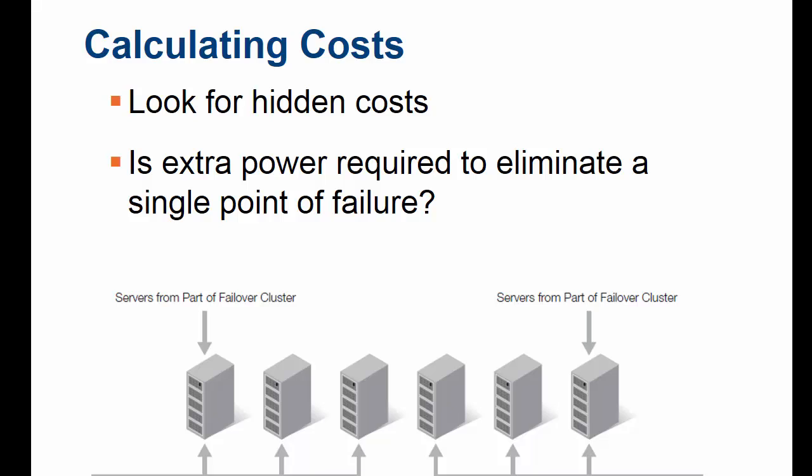Those are all good things. You've covered those basic critical business functions, but have you thought about extra power? Will you need another power grid? Will you need another transformer to power all these things? That can be a cost in the risk assessment that you didn't see. That's what they consider a hidden cost.